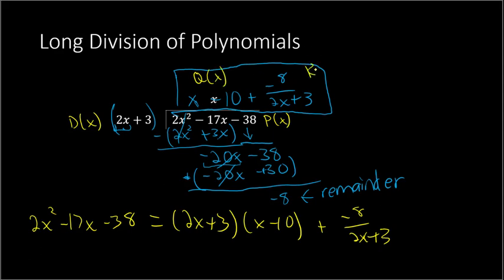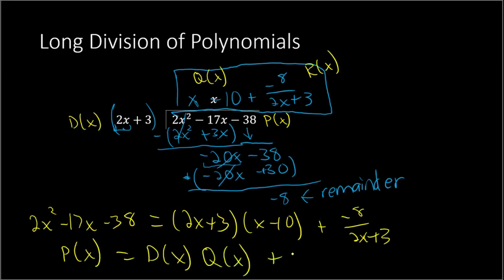We'll call the remainder r of x, r for remainder. So in general, we can say that p of x, the polynomial, is equal to the divisor d of x, times x minus 10, which is the quotient, we'll call that q of x, and then plus the remainder, which is r of x.